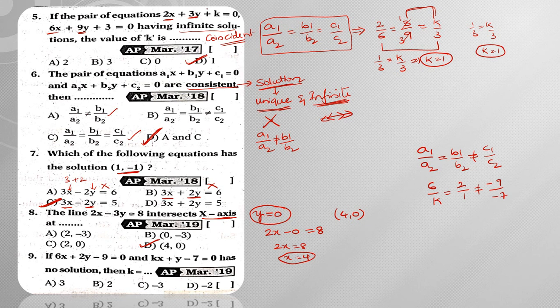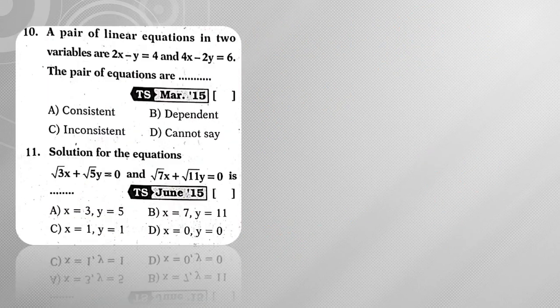So if I compare these two, 2 times k is equal to 6. So from this, k is equal to 3. Hence the answer for k is 3. It is option A.